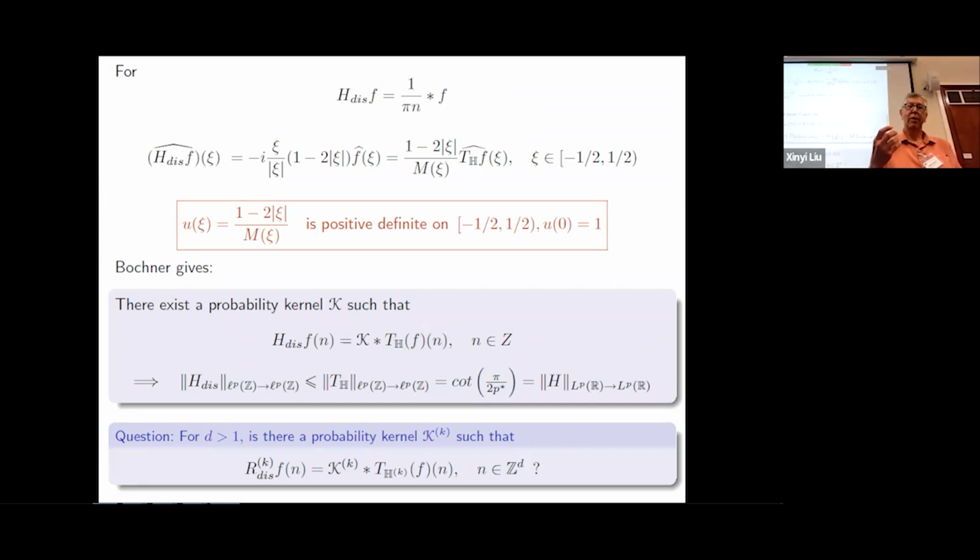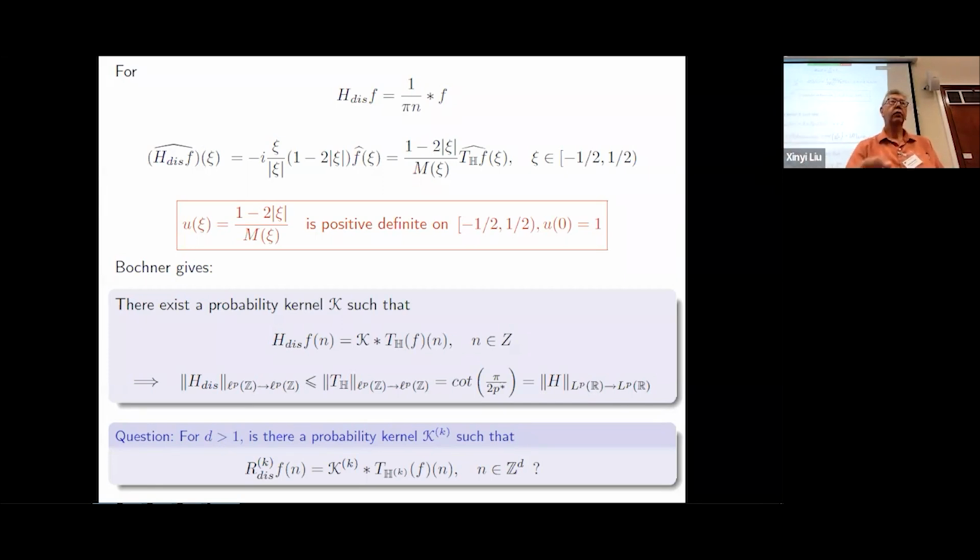Right? The discrete Hilbert transform is the convolution of this operator, T sub h, with a probability kernel. And we did this just using computations.